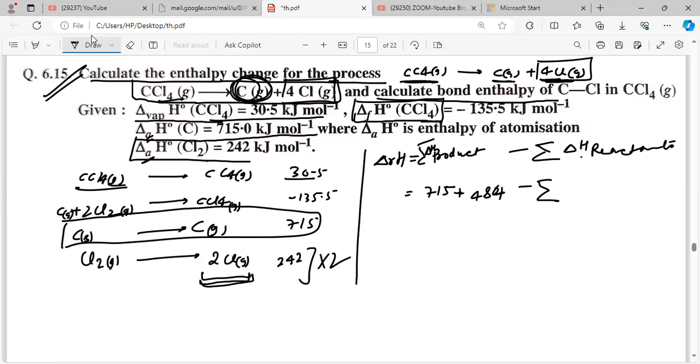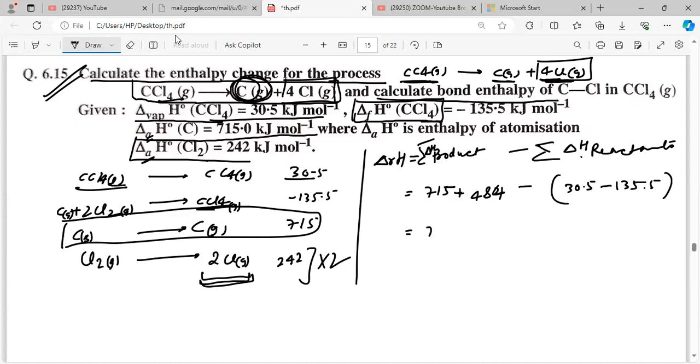Liquid to gas is 30.5. Another term is CCl4 gaseous state, so this also we need to add, 135.5. This summation sign I am removing, that is not required. Simply it is product and reactant.